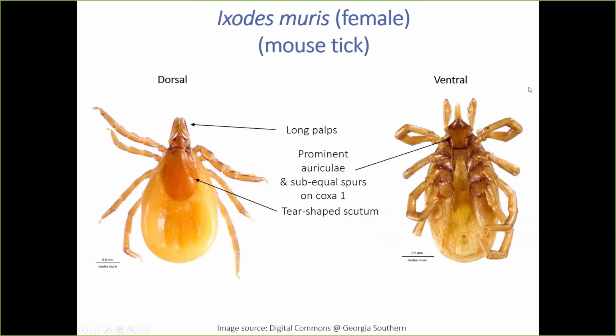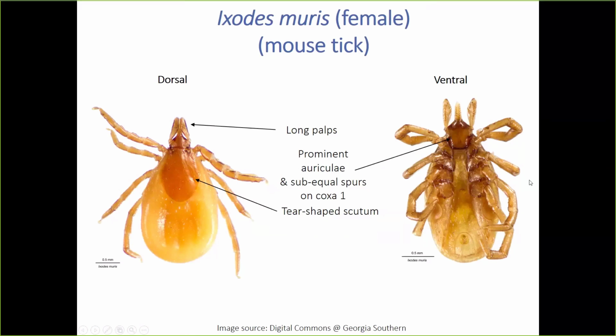Here's another really cool tick that we encounter occasionally on dogs and people in the late summer and early fall. It's the Ixodes muris tick, all stages found on mice. When I see this, again, I go to the anal groove. Yeah, it's Ixodes. I see that elongated tear-shaped scutum, and I see these very prominent auriculae. None of the other species had really prominent auriculae.